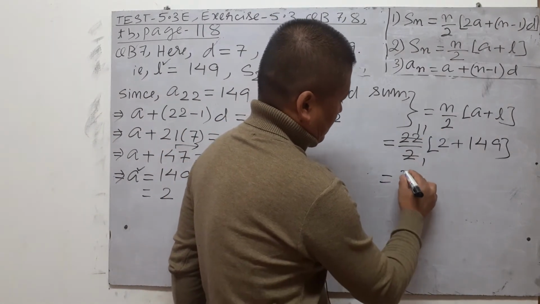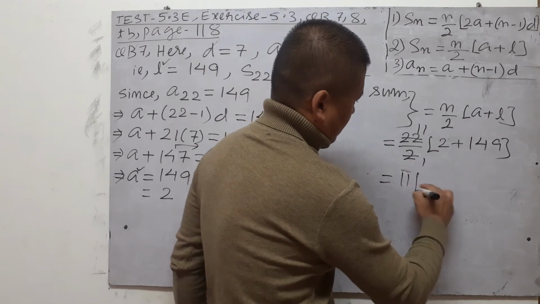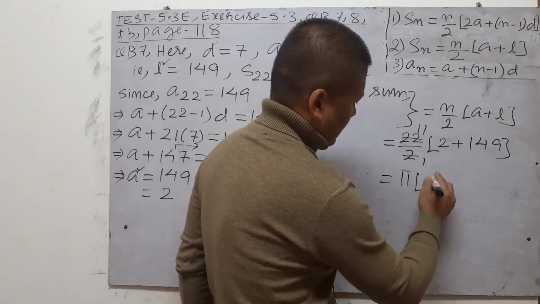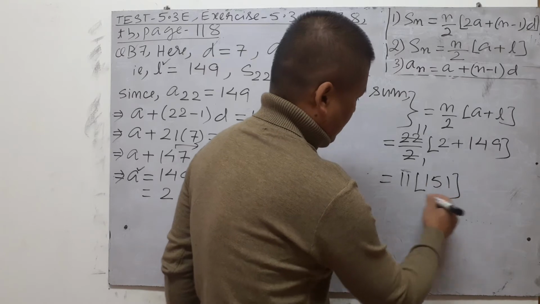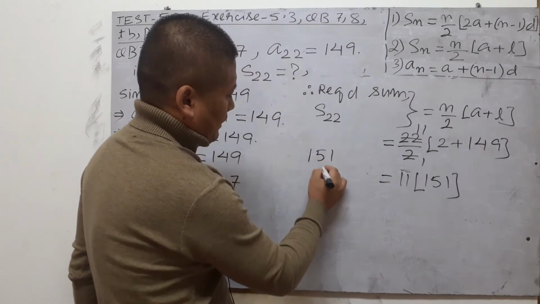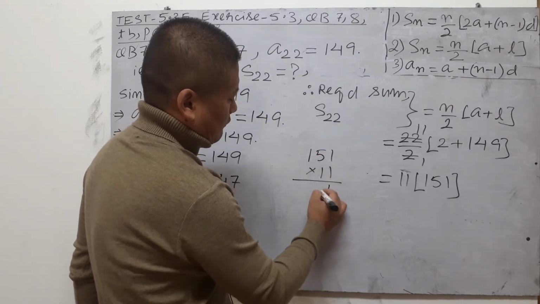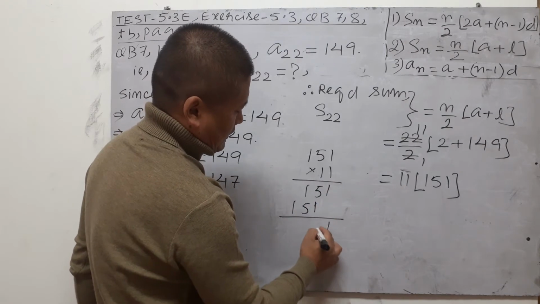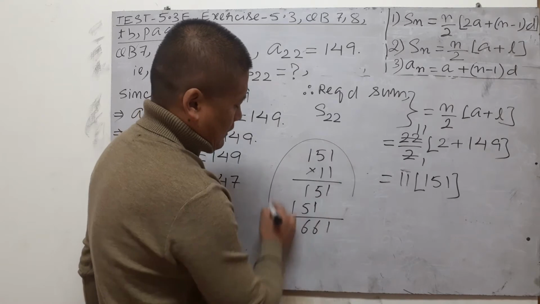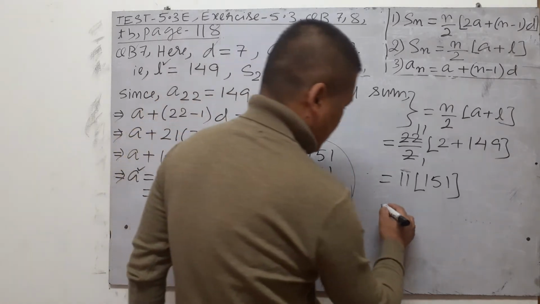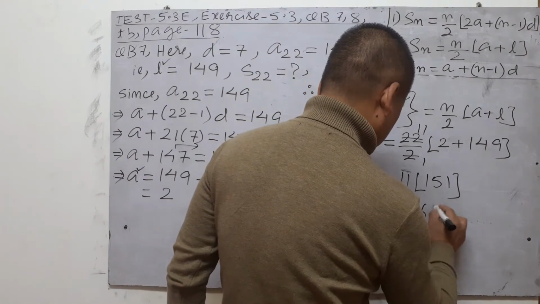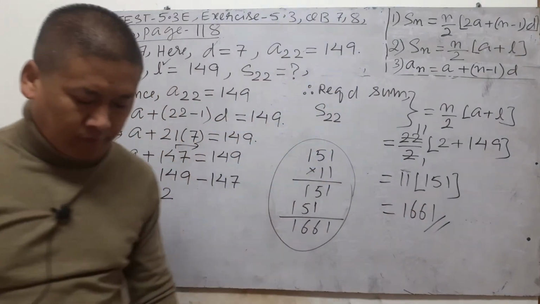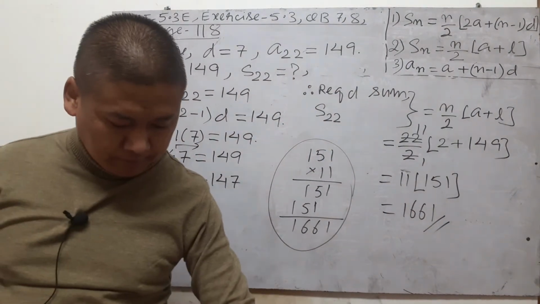So we are left with 11 into 149 plus 2, 151. So just a matter of multiplying patiently this 151 into 11, adding, 1661. We can write these things on your rough, and so the required sum is 1661. I think same as the text. Yes.